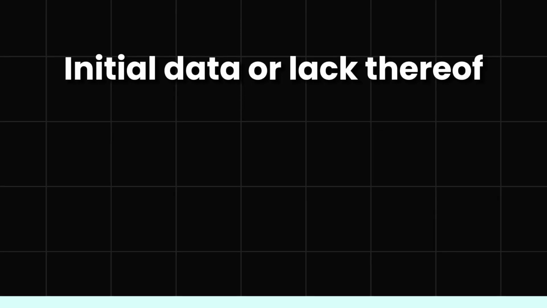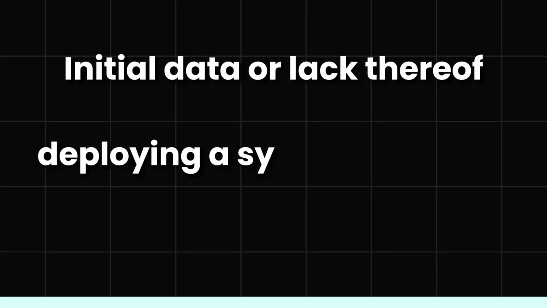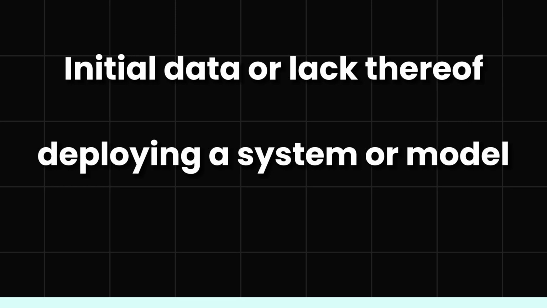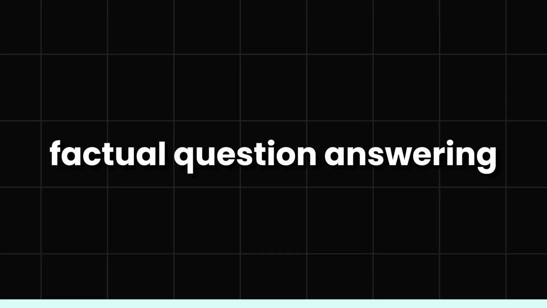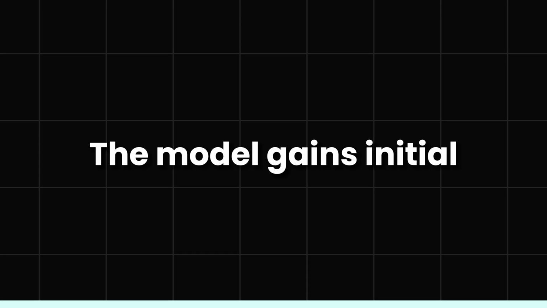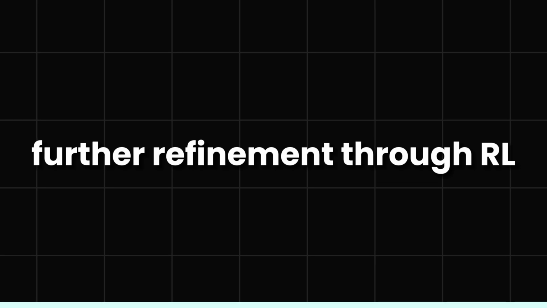Cold start data is the initial data, or lack thereof, when deploying a system, algorithm, or model that relies on historical information to function effectively. This data can include writing, factual question answering, or self-cognition tasks. The model gains initial task-specific capabilities, preparing it for further refinement through reinforcement learning.